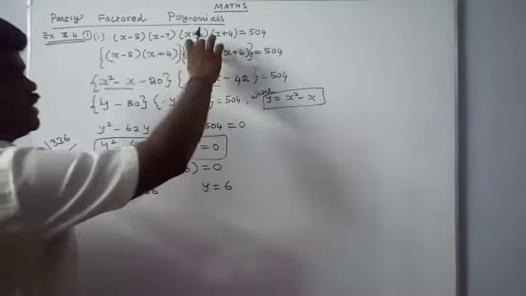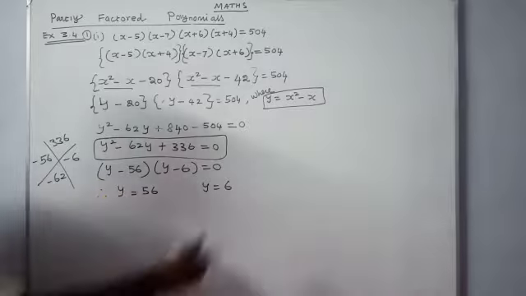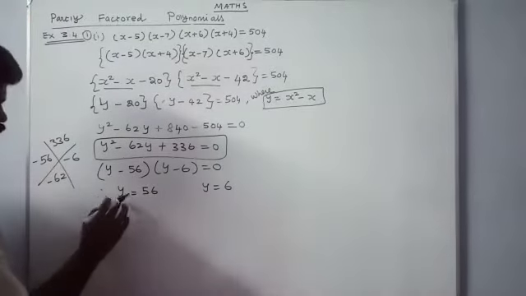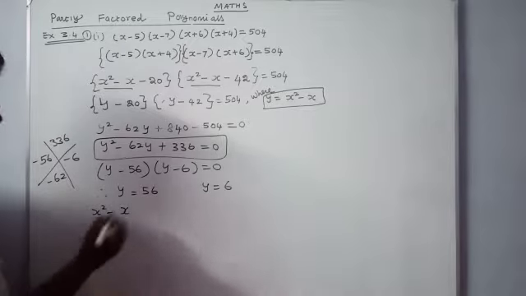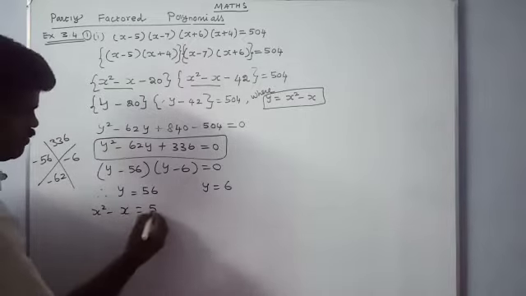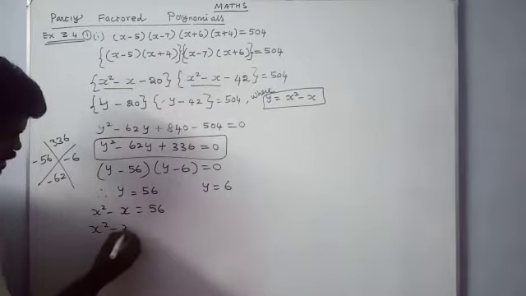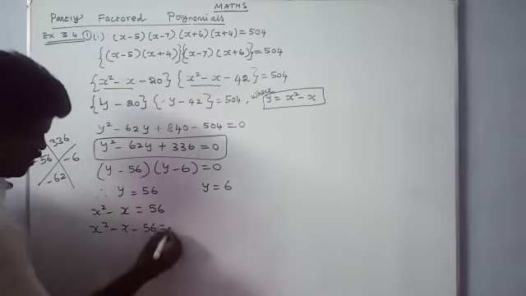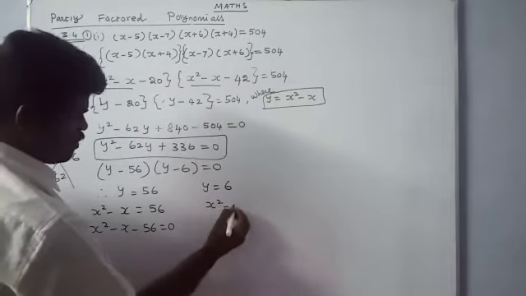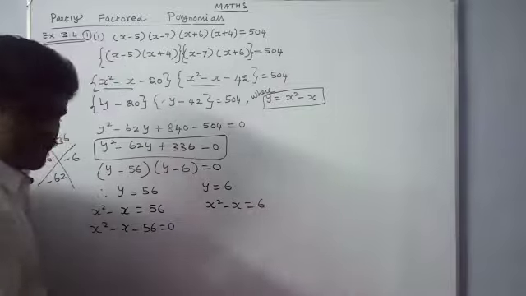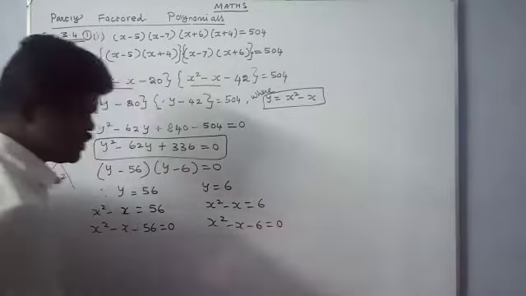We want to solve the equation in terms of x, but here it is in terms of y. So we want to find the roots of x. Replace y by x squared minus x equal to 56, so x squared minus x minus 56 equal to 0. And x squared minus x equal to 6, so x squared minus x minus 6 equal to 0.